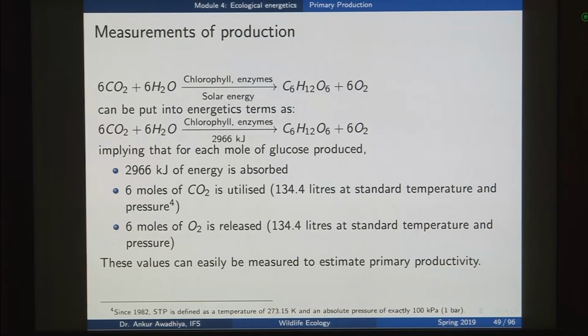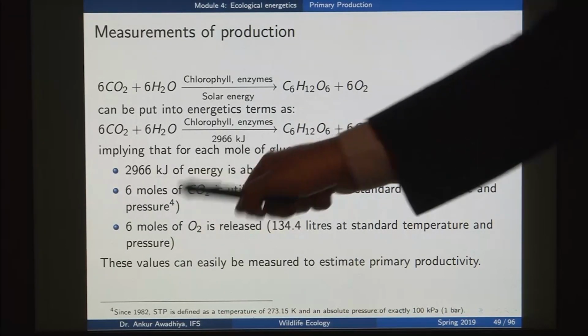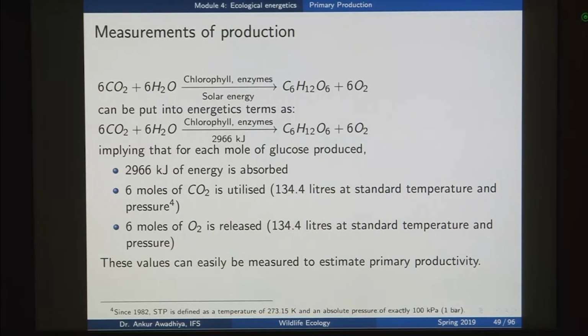When you conclude that x amount of carbon dioxide has been utilized, we can say that x moles divided by 6 moles is the amount of glucose in moles that has been produced. Or in place of measuring carbon dioxide, we can even measure oxygen. We can measure the amount of oxygen released by the plant to estimate the amount of carbon dioxide that is getting fixed, or the amount of these biological molecules that are getting synthesized.